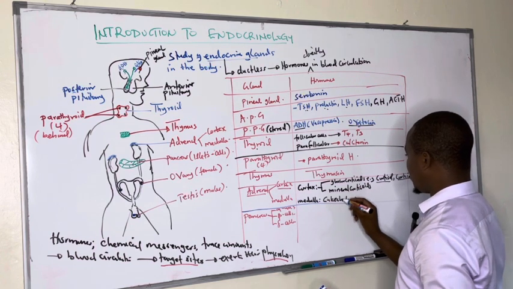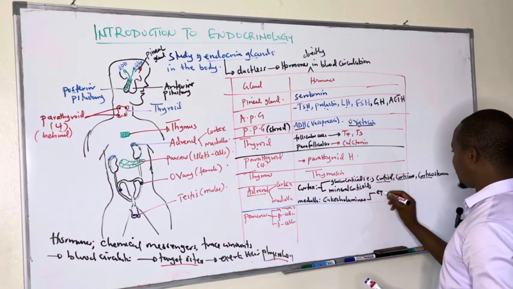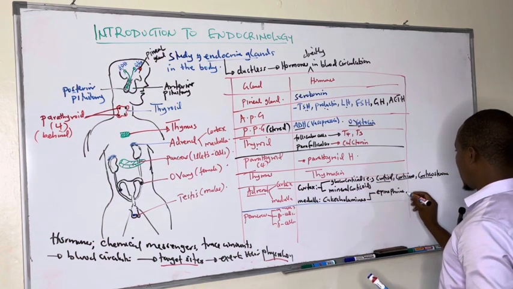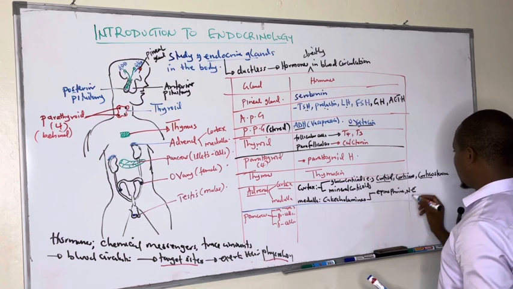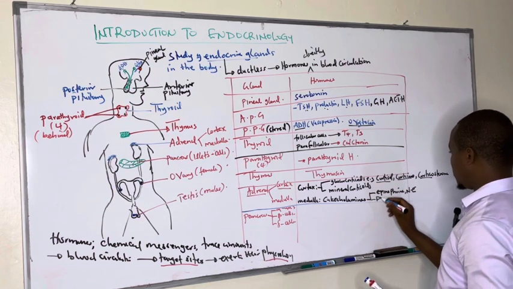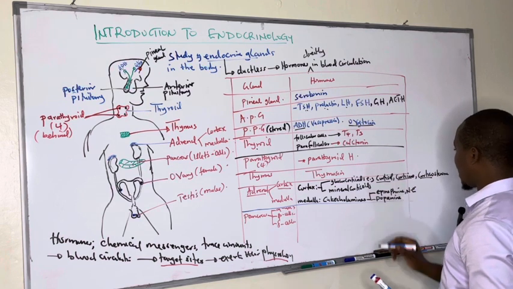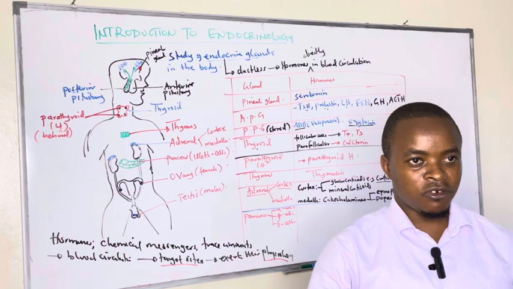And these catecholamines include, there are three: we have epinephrine, norepinephrine, and dopamine. These are the three hormones that are produced by the adrenal medulla.